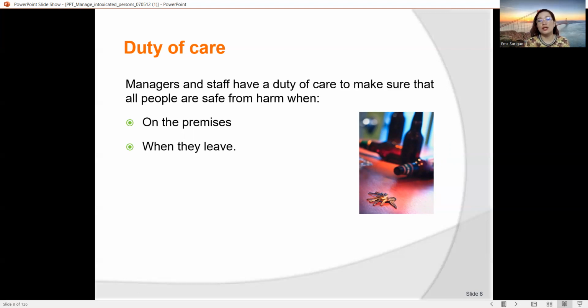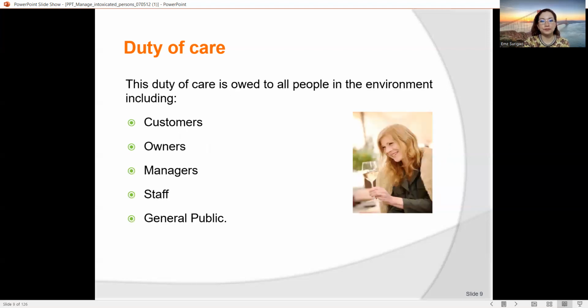You need to consider if they're able to drive safely. This duty of care is owed to all people in the environment: first the customer, second the owner, manager, staff, and the general public.